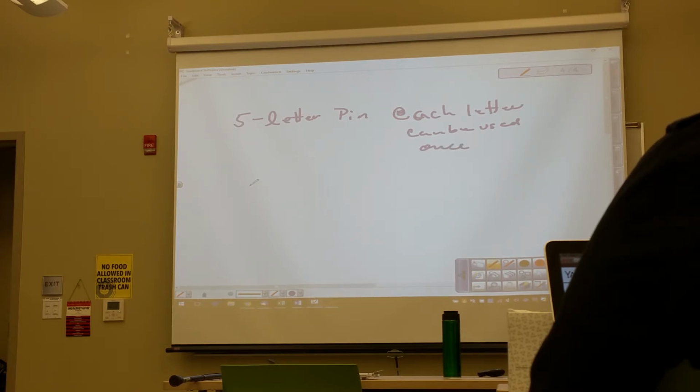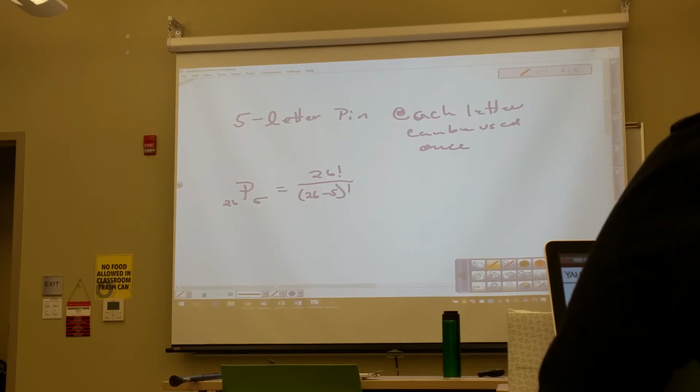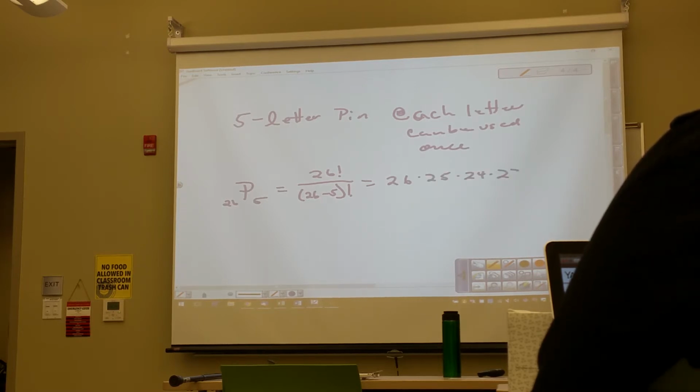Then it would be a permutation because order would matter, and it would be 26 things taken 5 at a time, which then becomes 26 factorial over 26 minus 5 factorial, which basically comes down to 26 times 25 times 24 times 23 times 22.